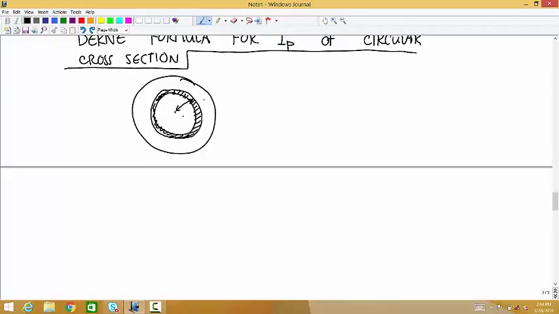Actually, I'm sorry, let's call that rho for the integration. And what would the thickness be? Well, the variable we're going to integrate over is rho, so this thickness is an infinitesimal amount of rho, so it's d rho.